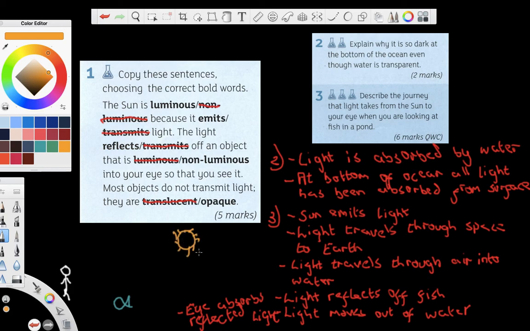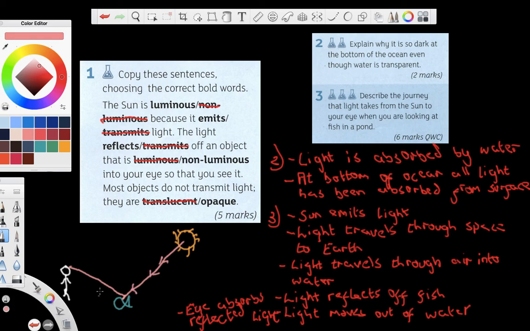Your marks come from saying that light is emitted by the sun and it travels through space into the air onto the fish. Light then is reflected off the fish into the eye of you, who then sees the fish.